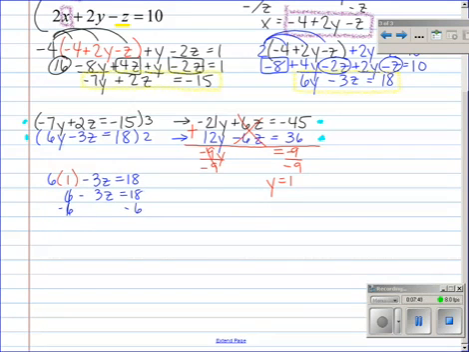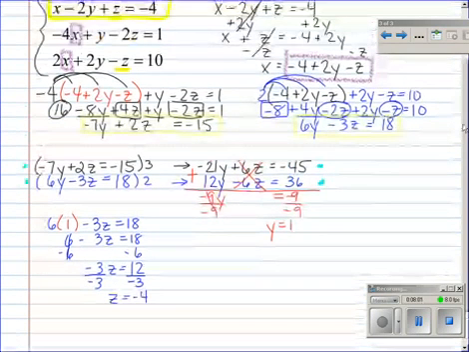We're left with negative 3z equals 12. And then if we divide by negative 3, we get z equals negative 4.